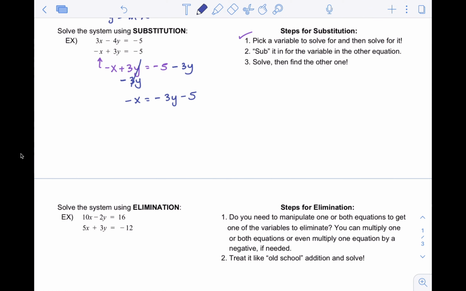Again, this is no different than negative 5 minus 3y. I'm just wanting to keep it with the variable first because I'm particular. And then, of course, to get rid of a negative, you simply divide by a negative 1, which is a fancy way to say switch the signs. Negative 3y divided by negative 1 is positive 3y. Negative 5 divided by negative 1 is positive 5.